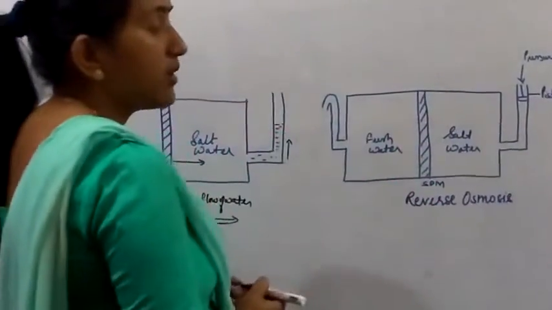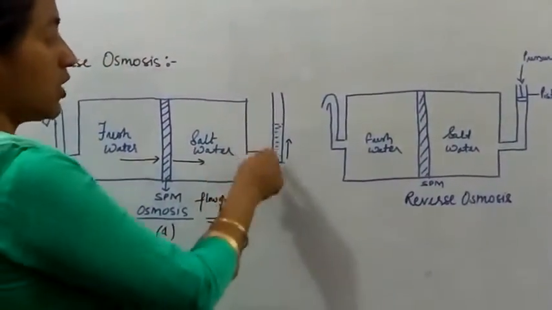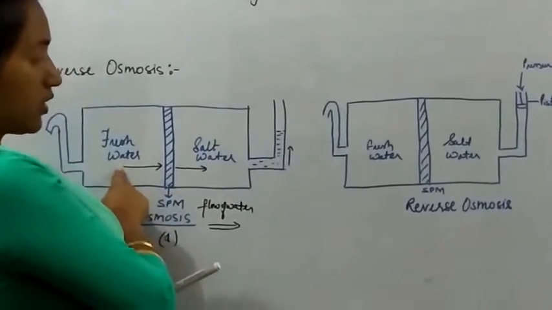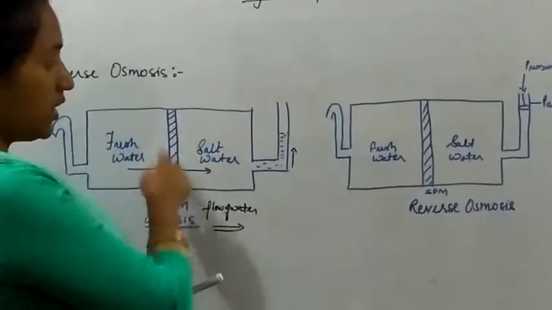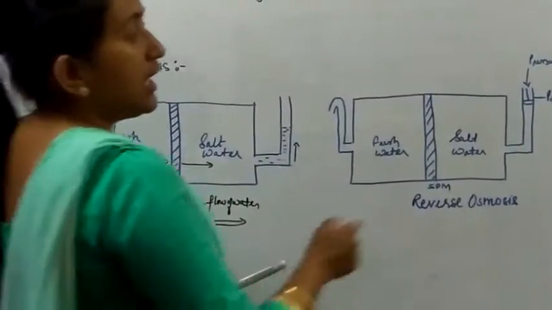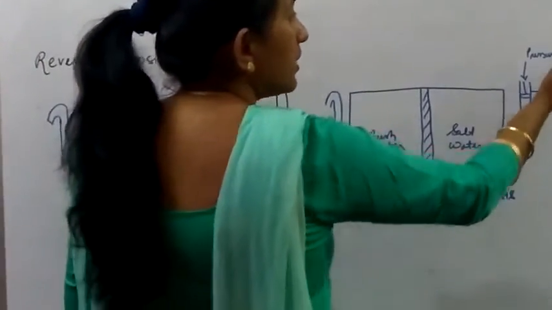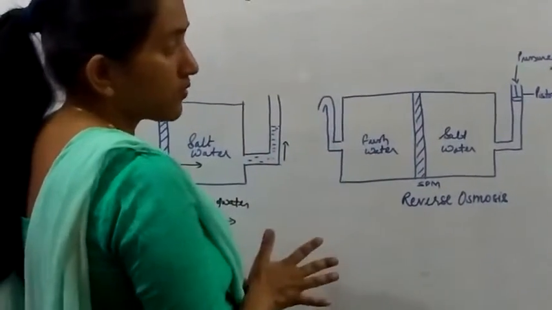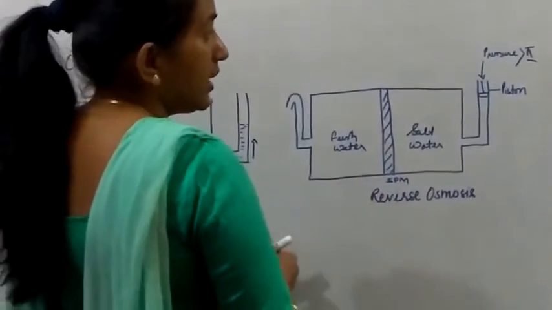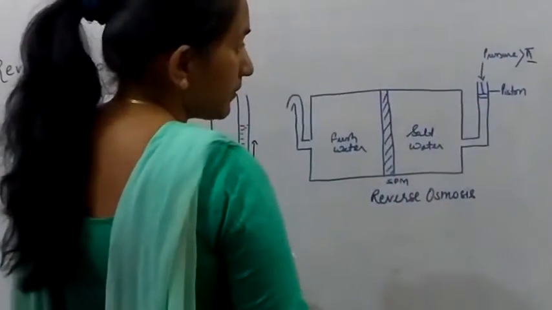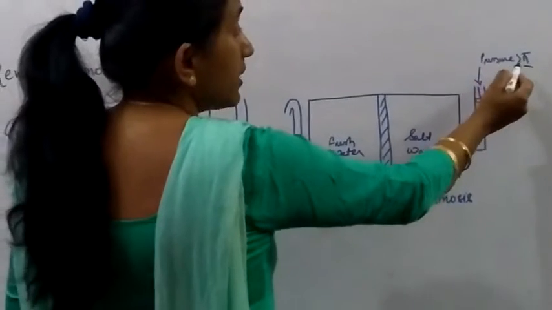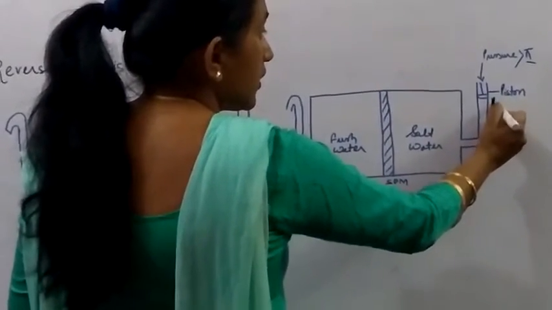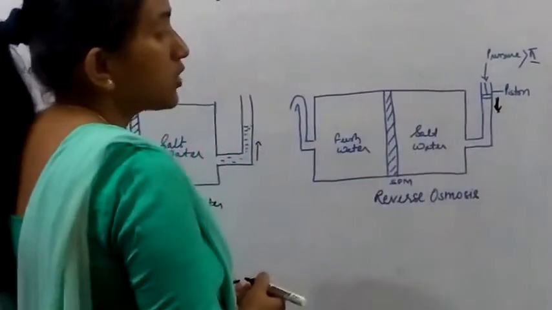This is the pressure applied on the solution side, toward the salt water side, to prevent or stop the flow of the solvent from the fresh water to the salt water through the SPM. Now, when we have calculated the osmotic pressure, the pressure required to stop the flow of solvent, we have a movable piston here, and we apply a pressure greater than the osmotic pressure on the solution side.